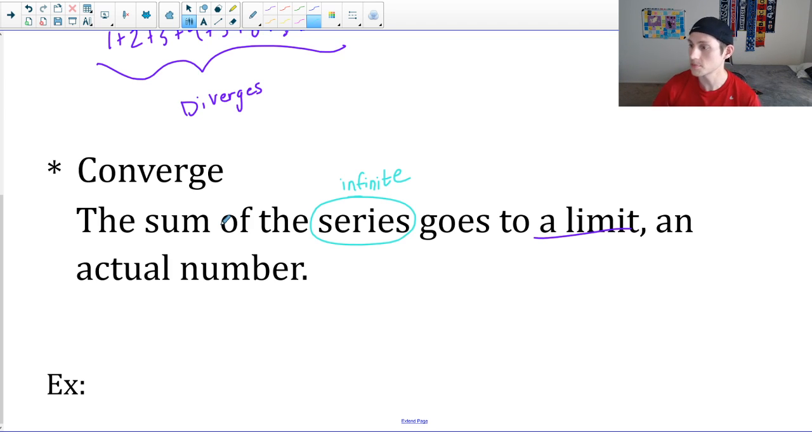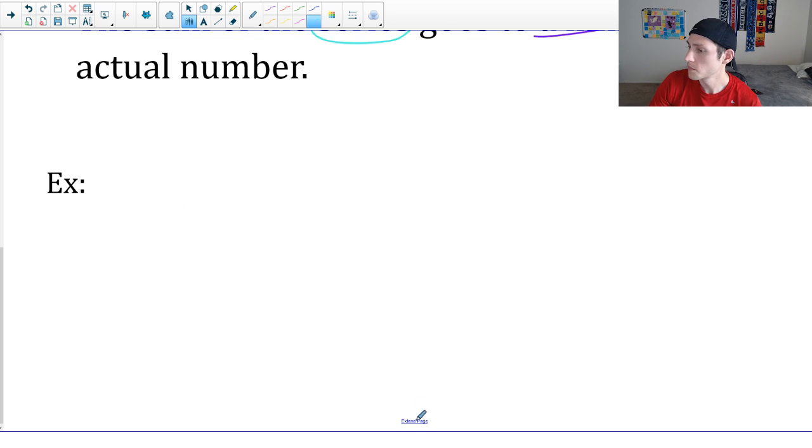It's kind of strange, but let me give an example that we're used to. I'll write the series version of it first. The sum from 1 to infinity. Usually we have some number up here, but let's put infinity to say that we're going to have an infinite sum. We're never going to stop adding things.